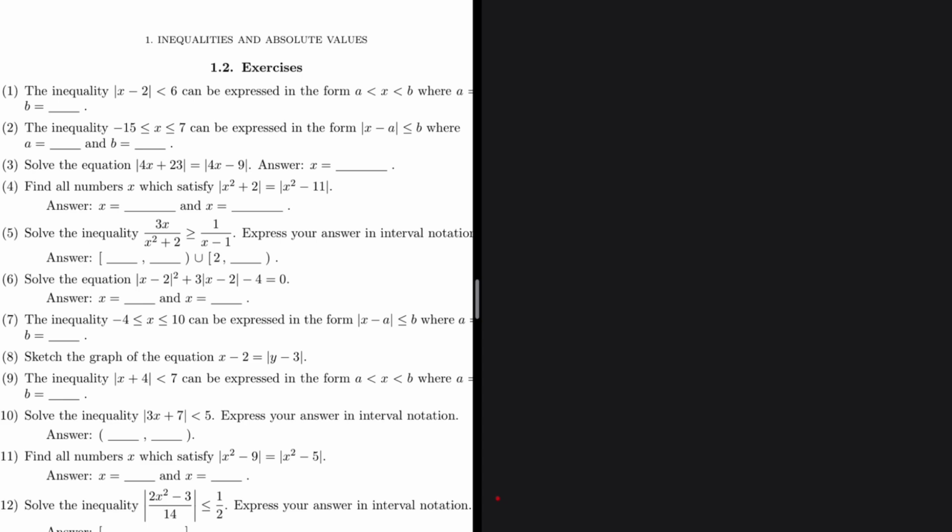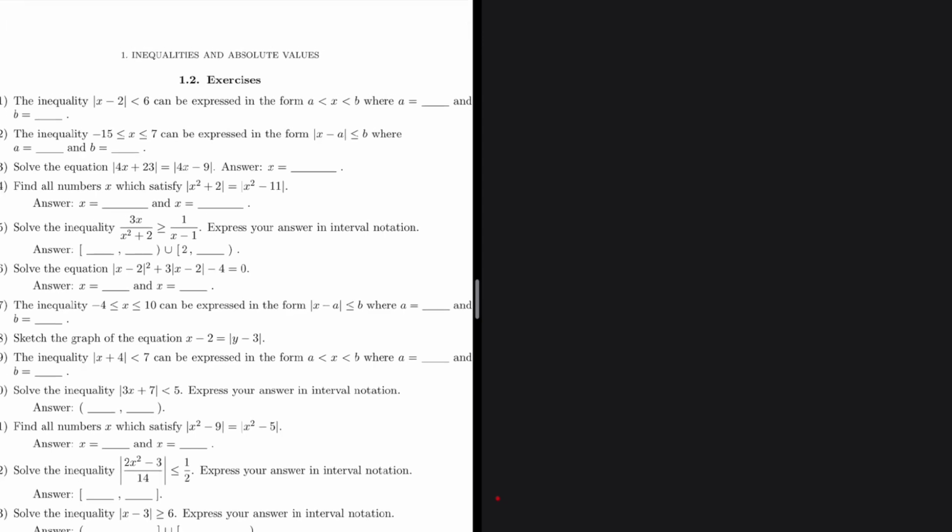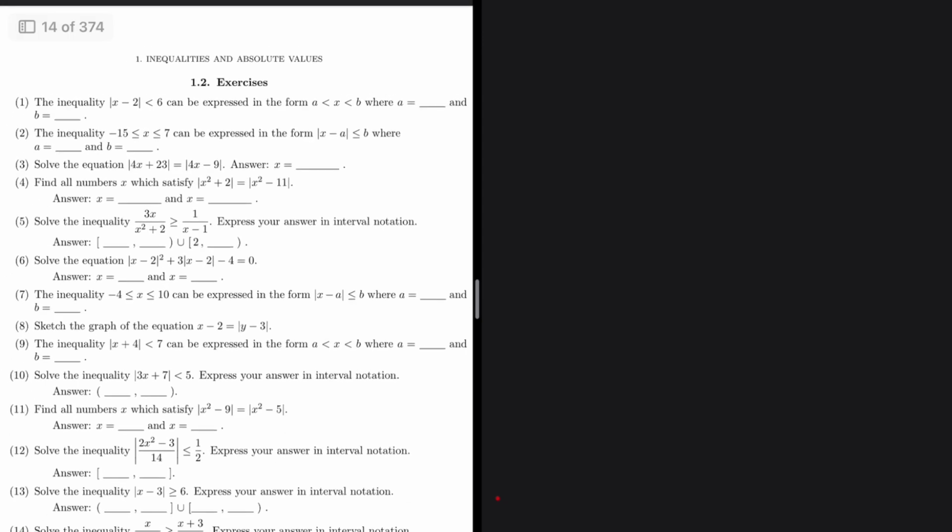The inequality absolute value of x minus 2 less than 6 can be expressed in the form x is between a and b, where a is equal to and b is equal to. Right, so let me just write that down. So what are we saying?